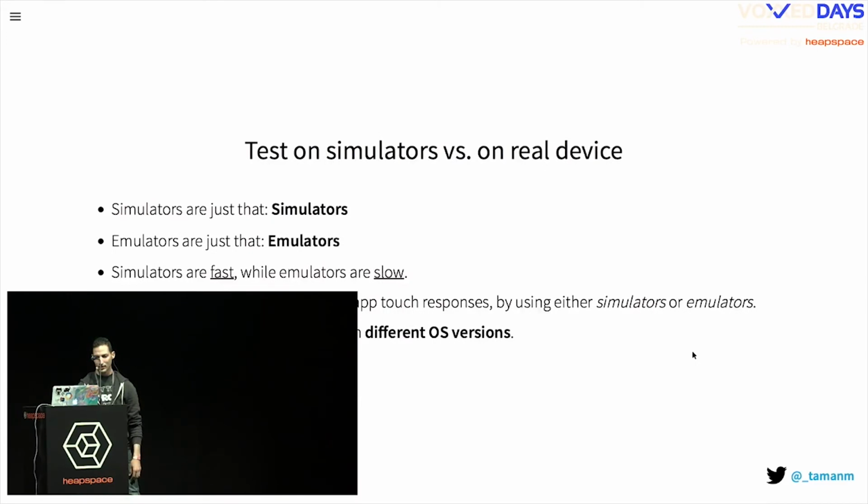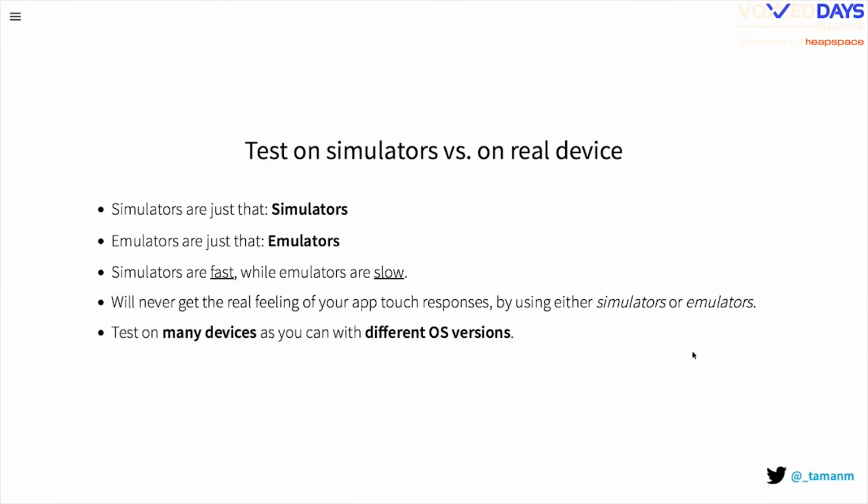Okay. Do you know the difference between a simulator and an emulator? There is a big difference. A simulator is a simulation of the software on the same architecture. Who has used a simulator? iOS and macOS have the same architecture in terms of hardware.